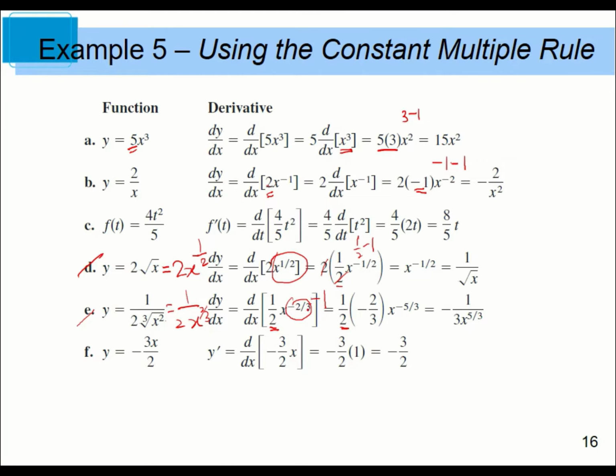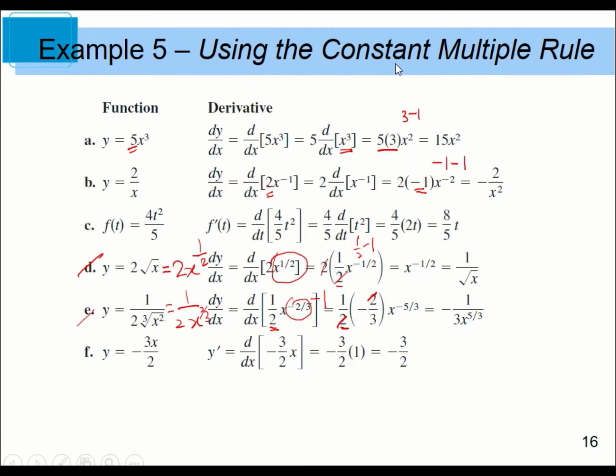So -2/3 minus 1, we get -5/3. After that we simplify here, 2 and 2. So we have -1/3. And this negative, we change the x to the denominator.